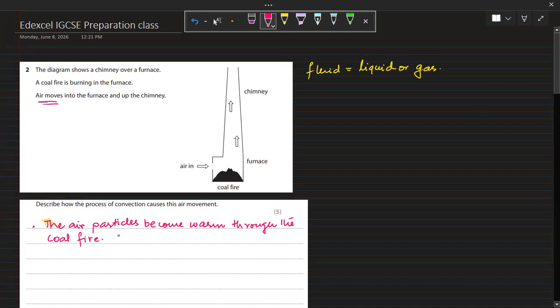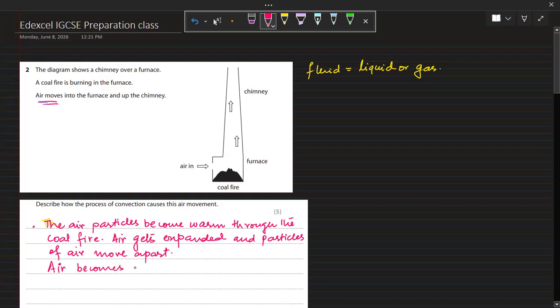So after that, what happens? Air gets expanded, and particles of air move apart, right? So what will happen after they move apart? The air becomes less dense, right?